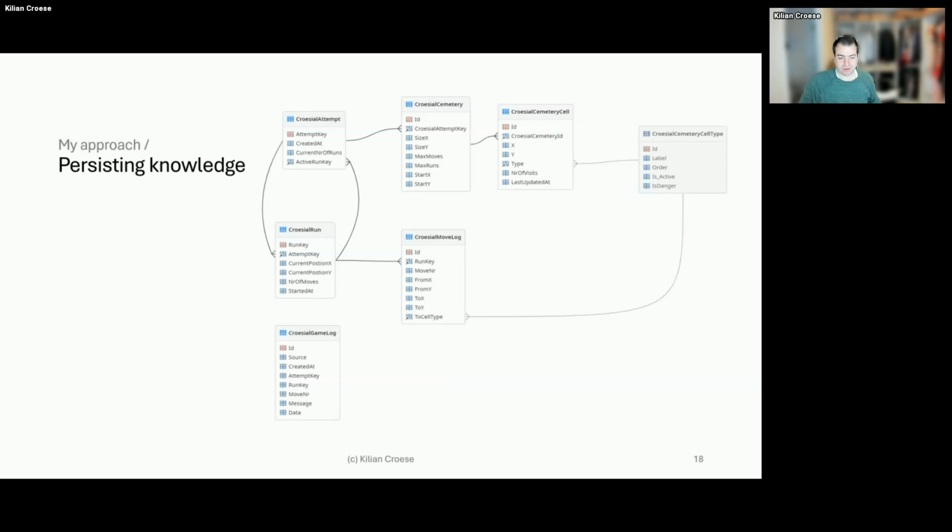So quick look, it's not a perfect data model, but this is something I've used. So I basically copied or was inspired by the data model Outsystems used. So I stored the information about my attempts, about the runs, and then I think this is an important part. So when I started an attempt, you receive information of how big a certain cemetery is.